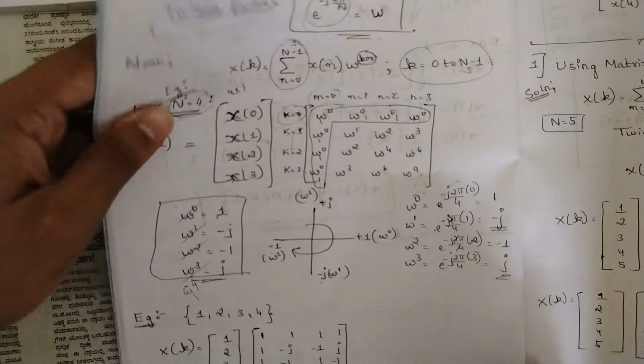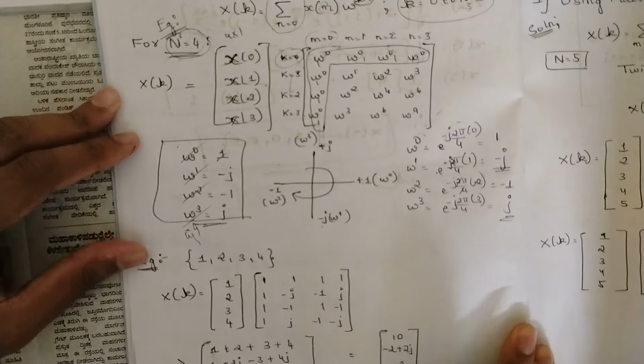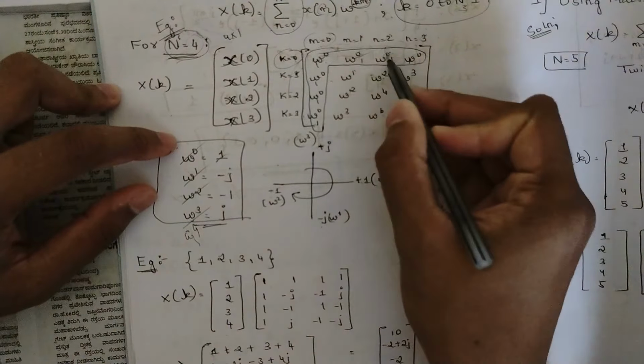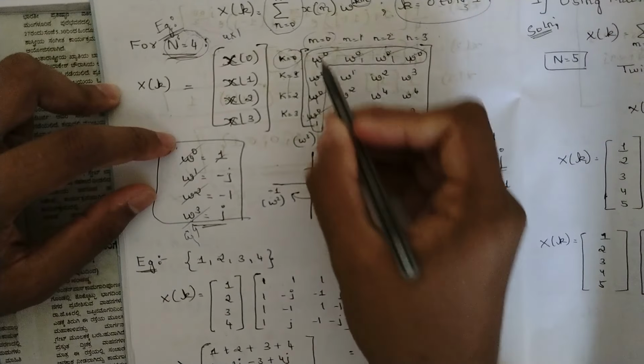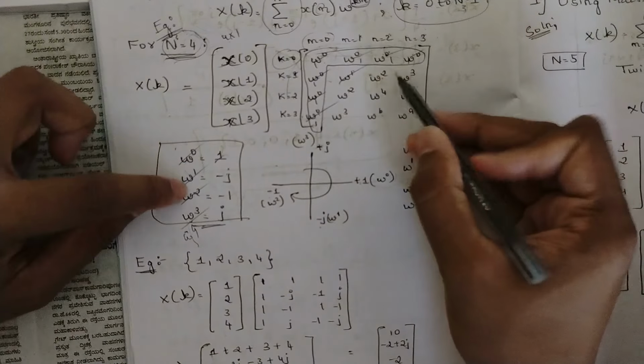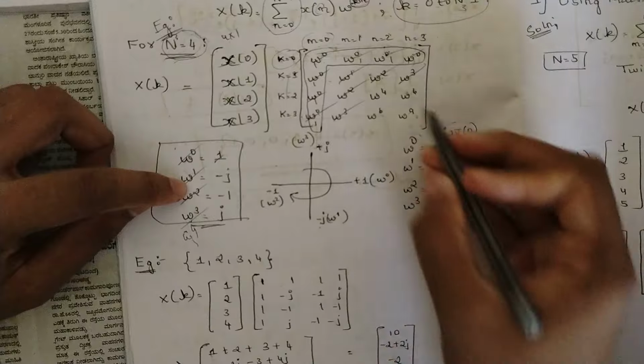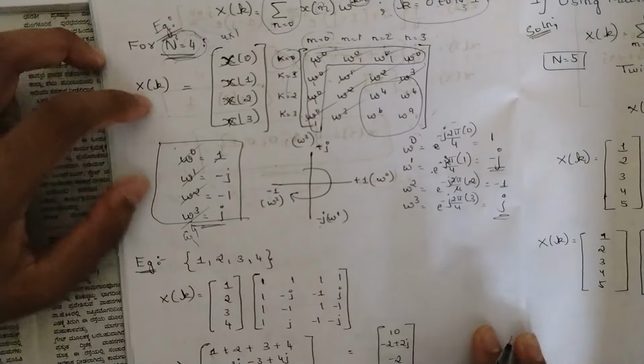How to split those? That's one task here: we have found w power 0, which is 1, w power 1, w power 2 and w power 3, but these remaining values we have not found out yet.